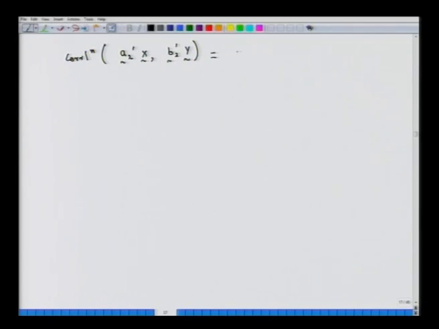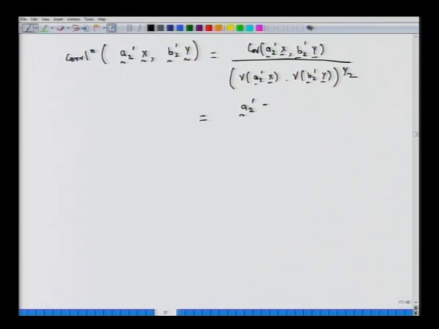So, this correlation is nothing but the covariance between A2 prime x and B2 prime y, divided by the square root of the variance of A2 prime x and the variance of B2 prime y, right.